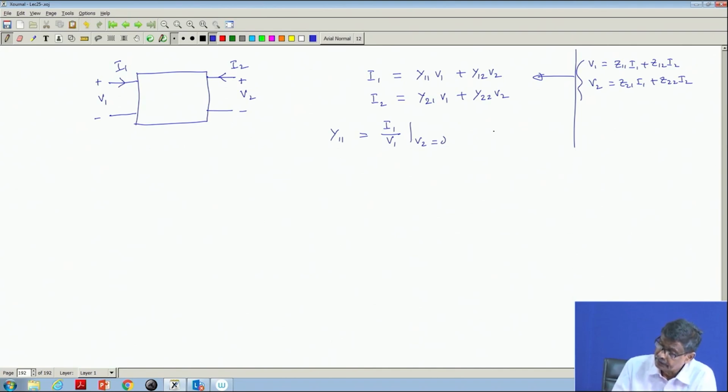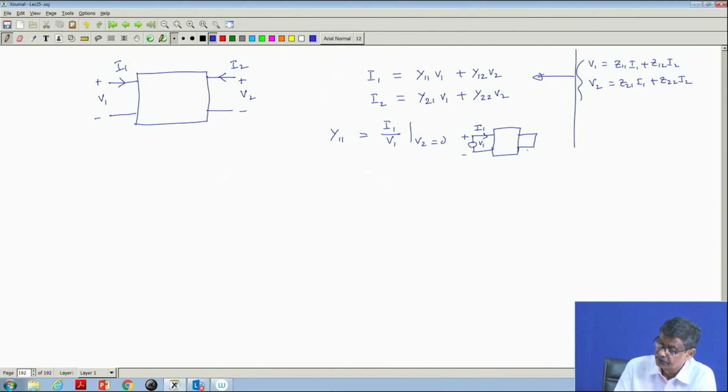This means that you excite the network, this is the network, with a voltage source V1, connect a voltage source V1 and see how much current it draws with the secondary terminal shorted, isn't it?